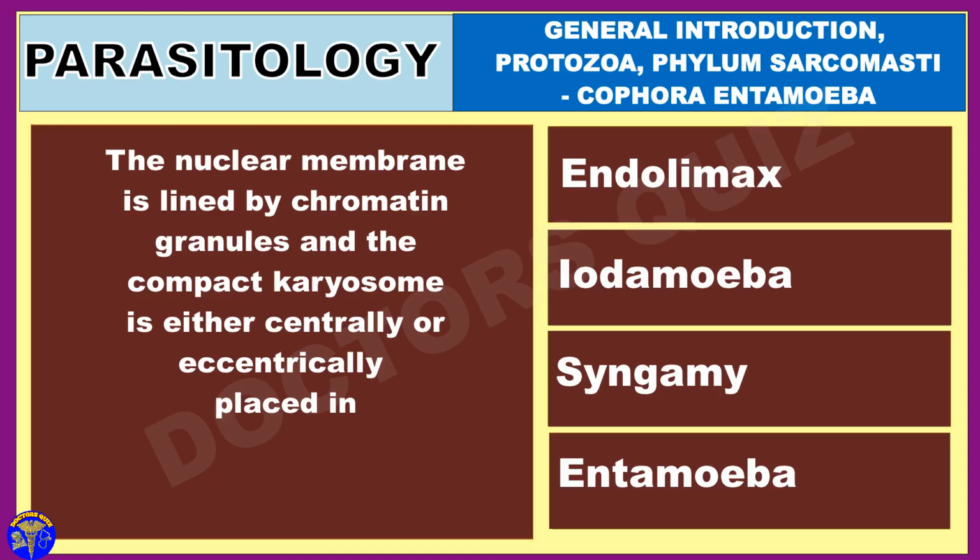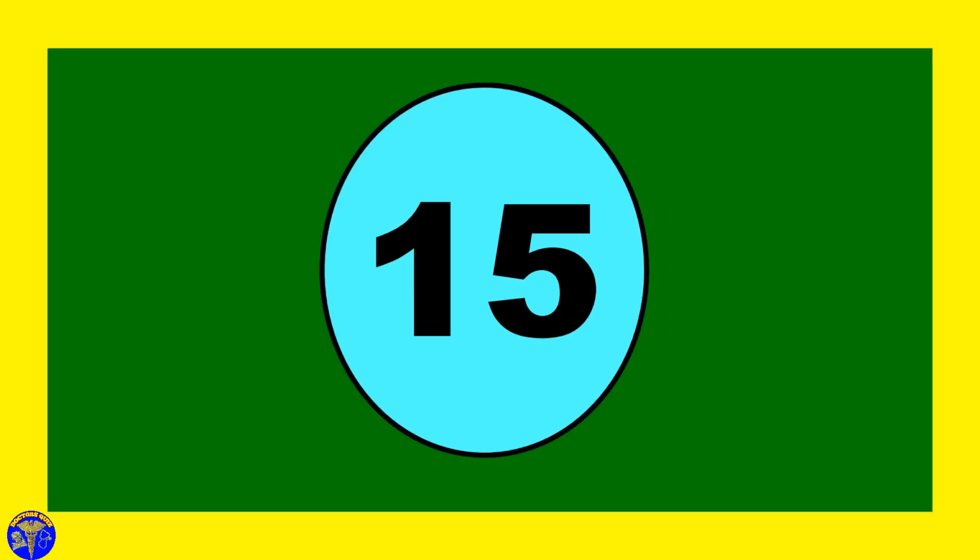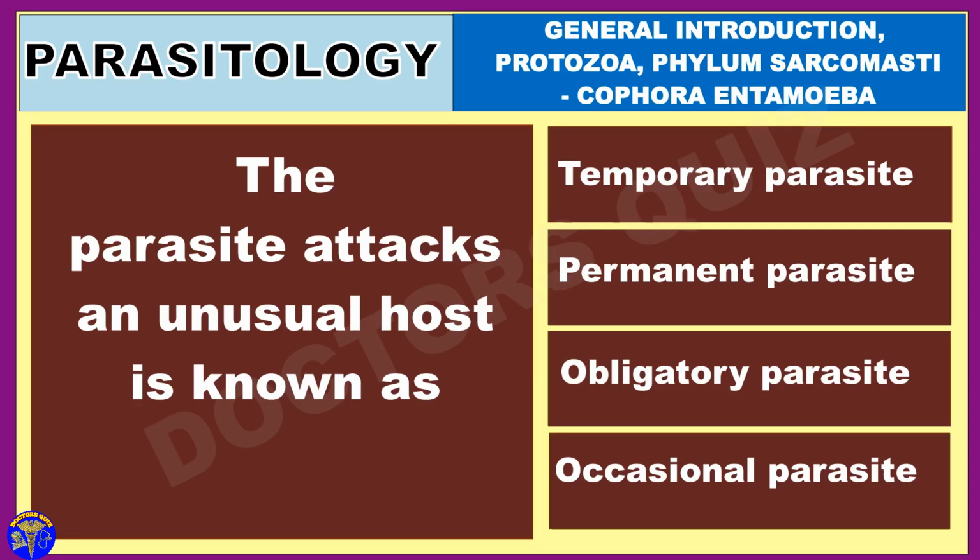The nuclear membrane is lined by chromatin granules and the compact caryosome is either centrally or eccentrically placed in entamoeba. The parasite attacks an unusual host is known as occasional parasite.